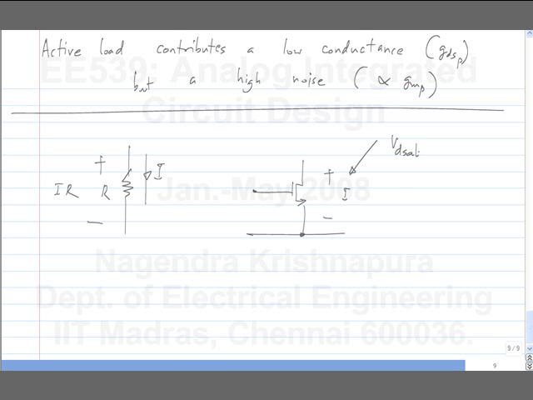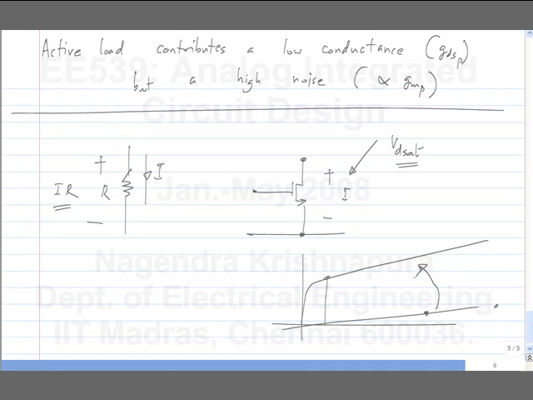Which we make to be much smaller than IR. That's how we get the active load. Okay. We can get the very small slope in the IV characteristic, but you don't have to operate here. You operate it somewhere here by using the nonlinearity. Okay. You get the slope of this curve, but the operating point at a low voltage. This is I versus V. Okay. That's why we use the active load.